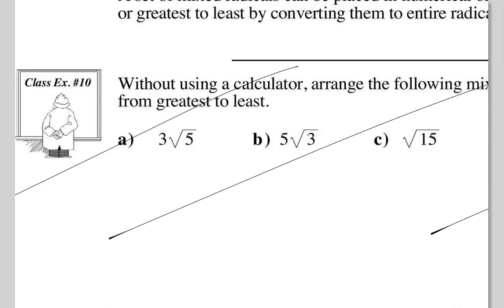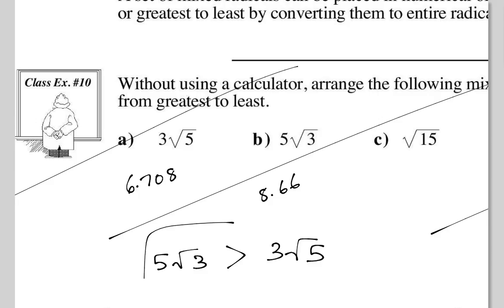Just type it in, 3 root 5. And then get the decimal, like 6.708. And then the next one's 5 root 3. So just get the decimal, 8.66. So then you would say, okay, 5 root 3 is greater than 3 root 5. I'm not going to give you that test question, so I'm not too worried about it.